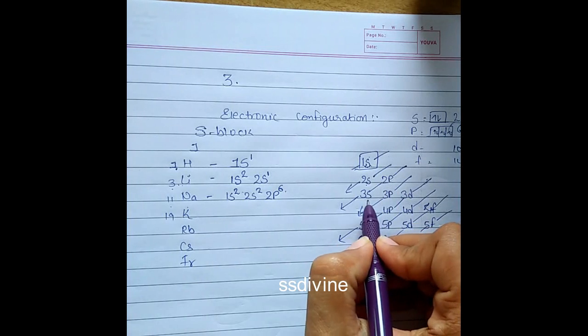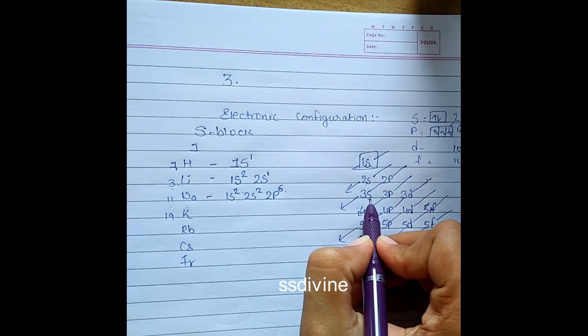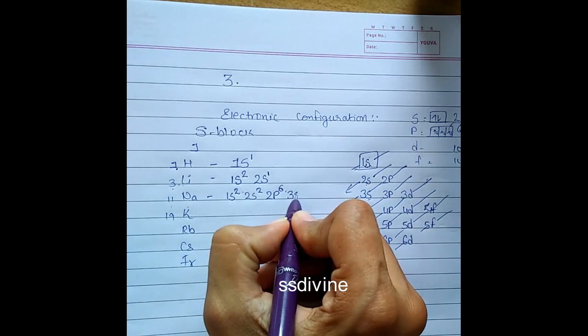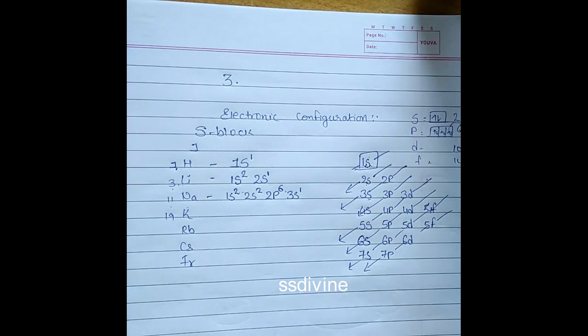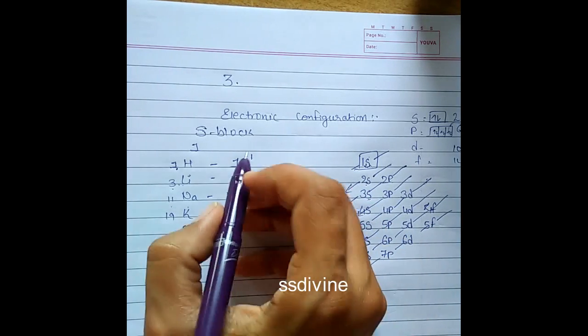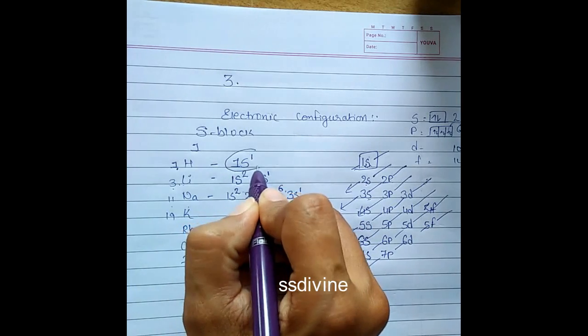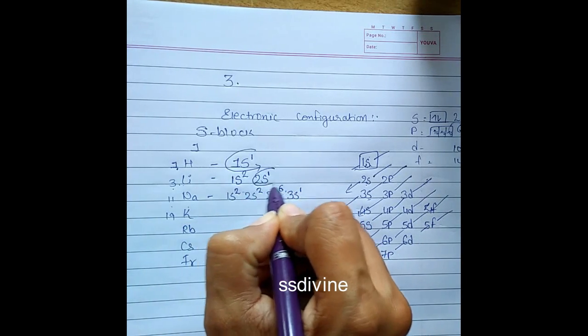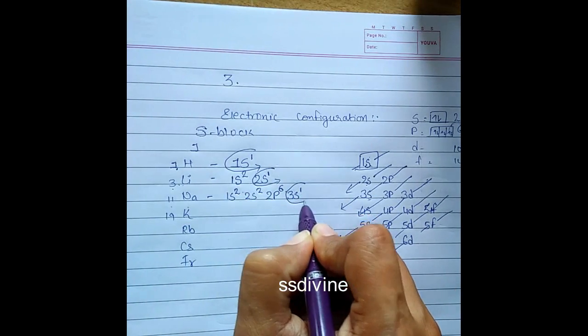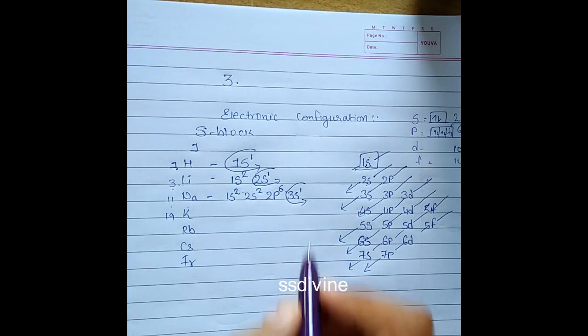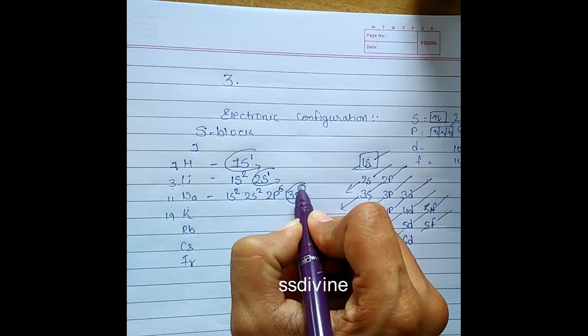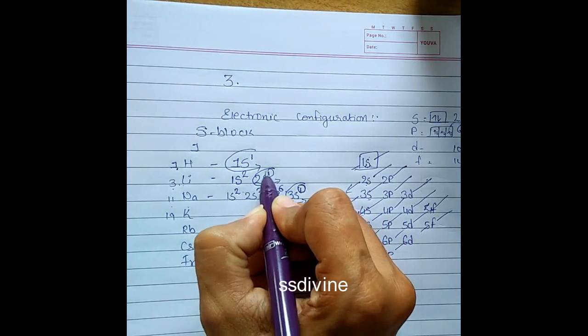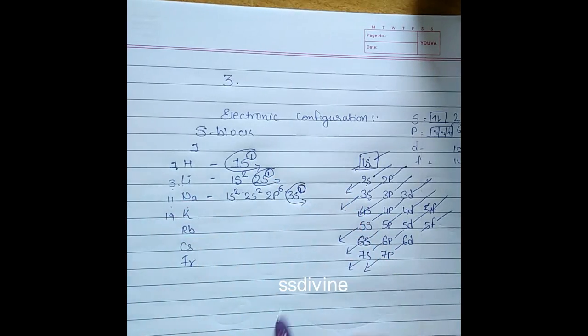Now after 2p, you will add the last electron into 3s, that is 3s1. See, what I want to show is that the last electron entered in this group is 1 electron and that is entered in s orbital.